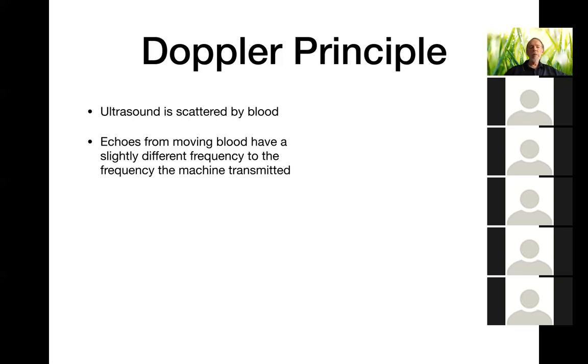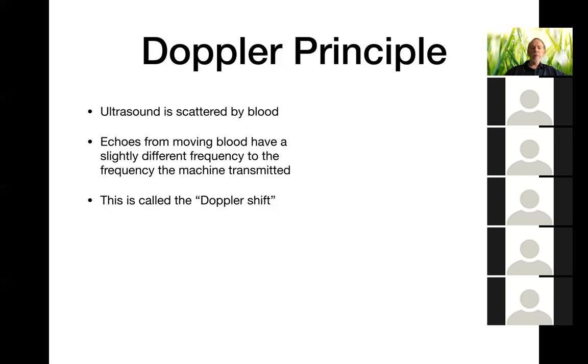For example, the machine might be transmitting 5.0 megahertz ultrasound pulses, and the echoes coming back from blood may have a frequency of 5.001 megahertz. That means that the received echoes have a frequency that is just 1 kilohertz higher than the frequency that the machine was transmitting.